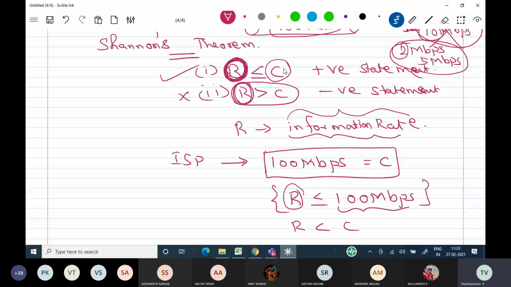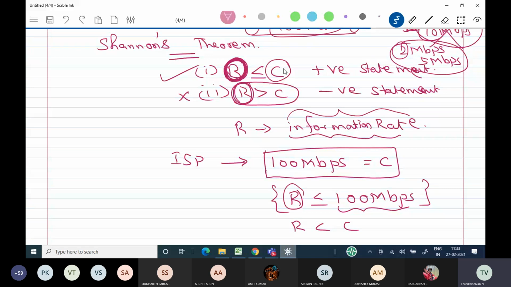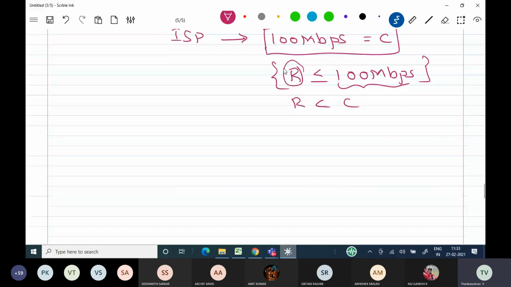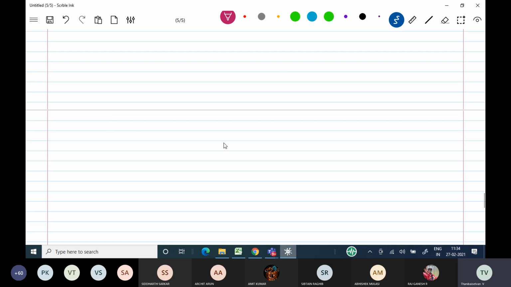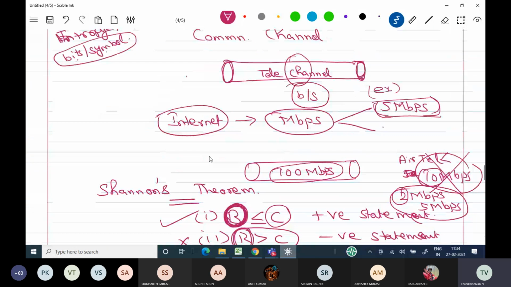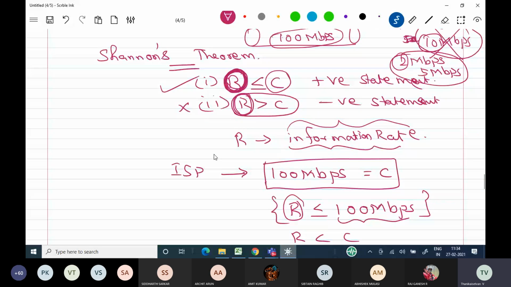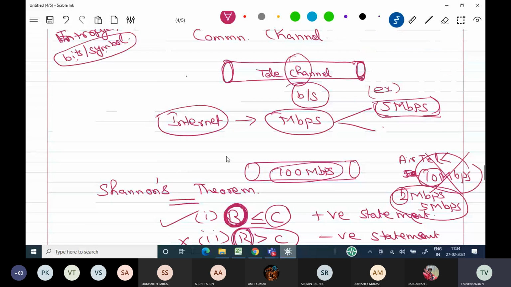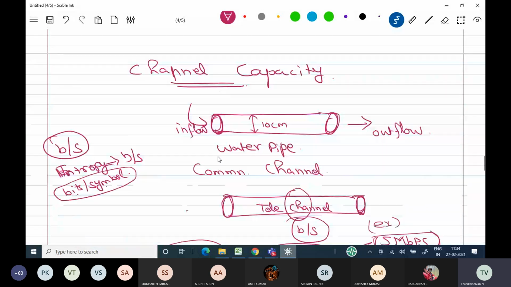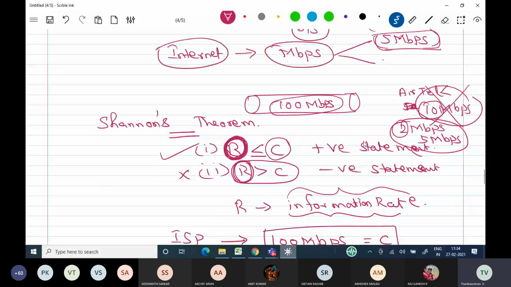Whatever channel we use for transmitting information from one place to another is called channel capacity. In information theory, due to time consumption, I am skipping some things. If time permits, after CAT 1, we will discuss the actual internet speed and how it is utilized.